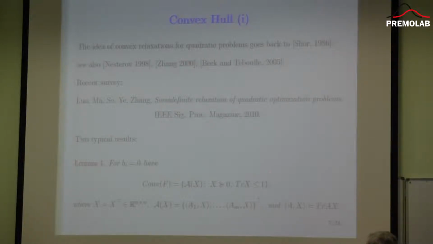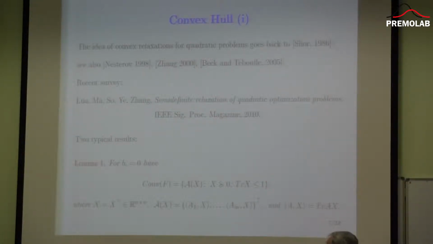So now instead of vectors, we deal with quadratic matrices, and we take a linear image. Here is this linear image, with the same matrices A as before, and these are scalar products of matrices. So the convex hull of our image is a linear image of this set of non-negative definite matrices with bounded trace.